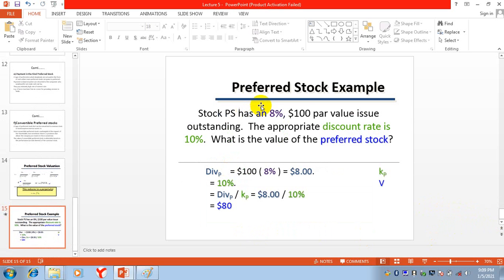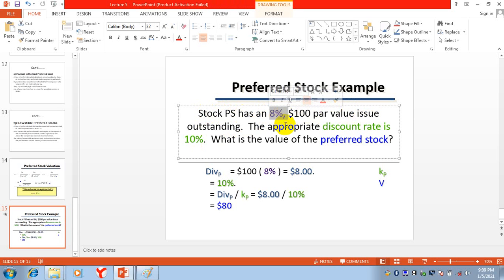Now here is an example. Stock PS, a preferred stock, has an 8% $100 par value issue outstanding. 100 is the par value and 8% is the fixed dividend.